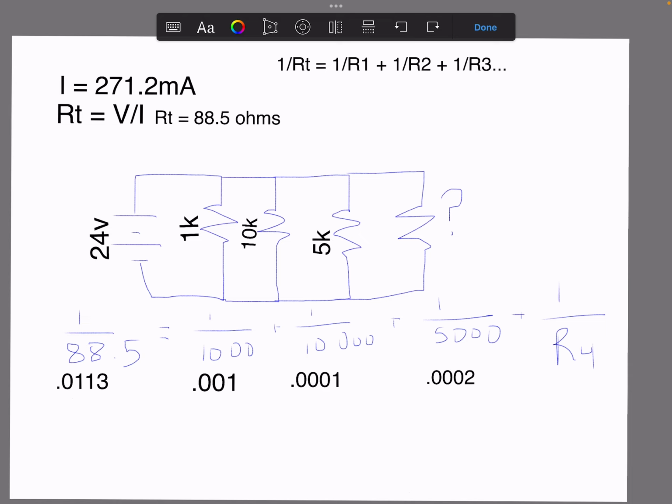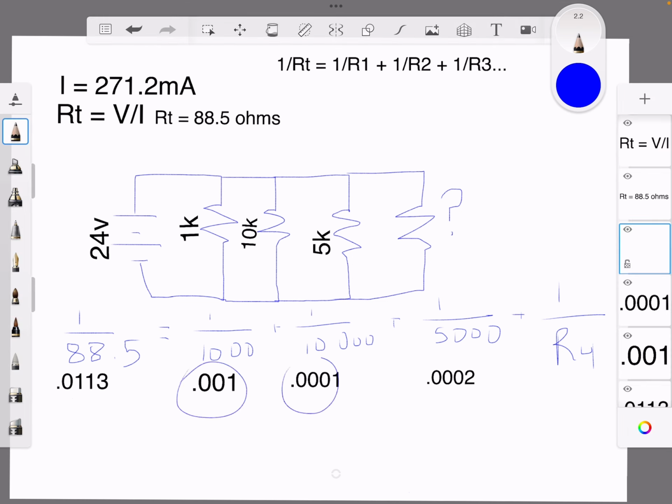So now we're going to subtract this one, this one, and this one from this side over here. Okay? Can you remember that?